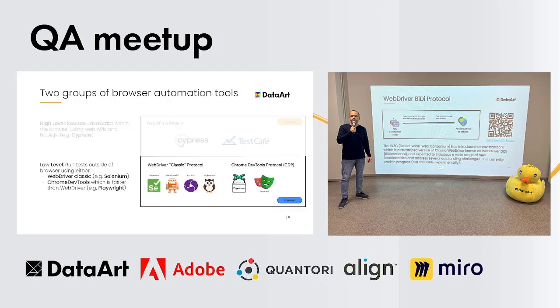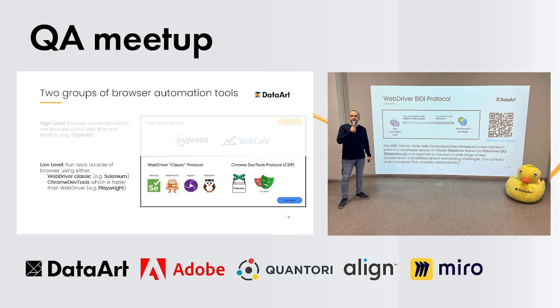The other category uses either WebDriver Classic or the Chrome DevTools Protocol. These are two protocols that automation can be built on top of. The first family is Selenium, WebDriver.io, Appium, and Nightwatch, and the second one is Puppeteer and Playwright.